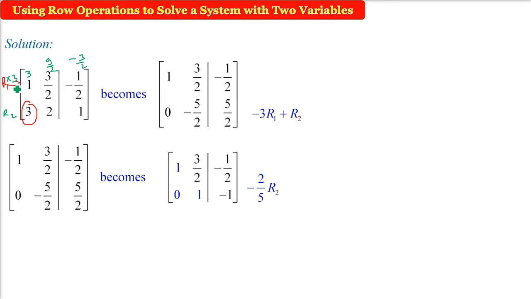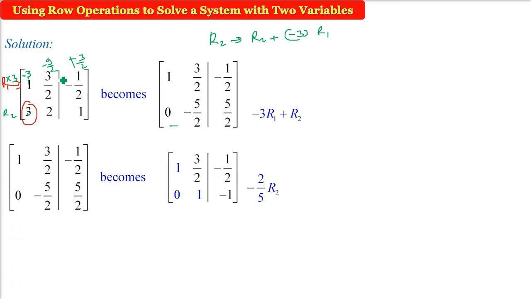So multiply the first row by negative 3 and then add it to row 2. So what we are going to do is row 2 is changed to row 2 plus negative 3 into R1. Okay. So now we will get the first leading 0 in the second row.